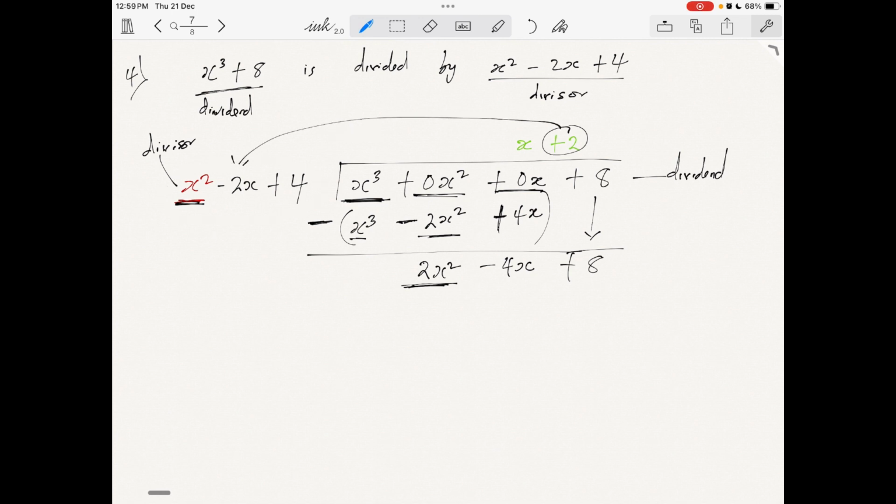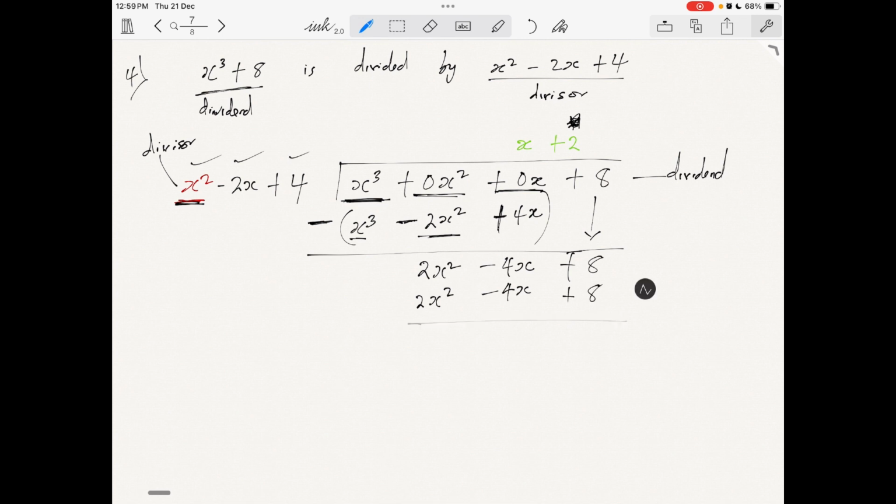So we have plus 2 multiplied by x squared, which is 2x squared, and plus 2 again multiplied by minus 2x, that will give me minus 4x, and plus 2 again multiplied by 4, and that will give me plus 8.